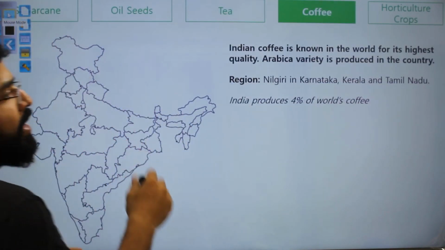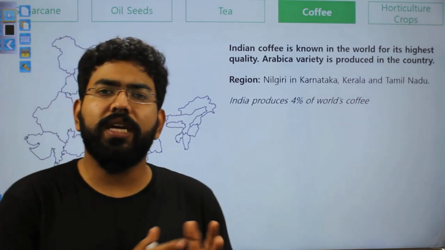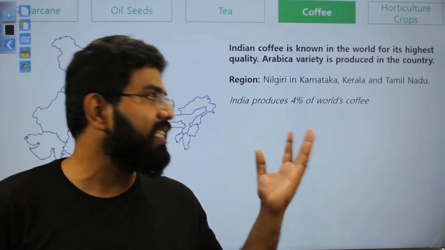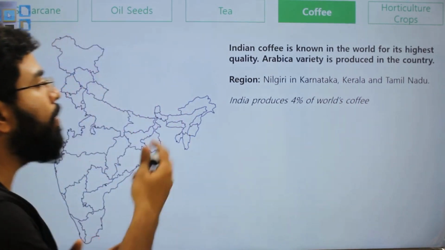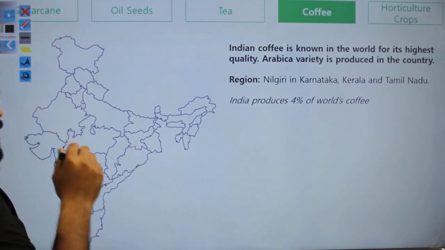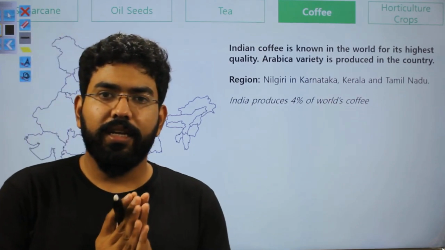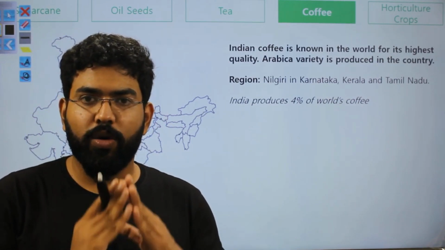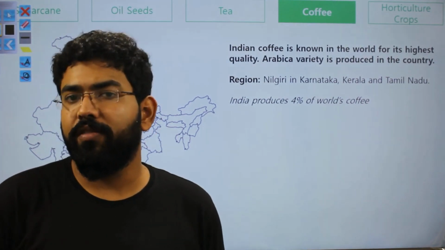Similarly, we have almost similar conditions for coffee, but there are small changes: it requires less rainfall than tea, and it is also found in a warmer climate. So it is found in more extensive regions. For Indian agriculture, coffee is very famous for its quality all over the world.